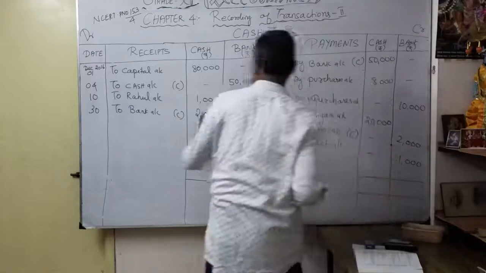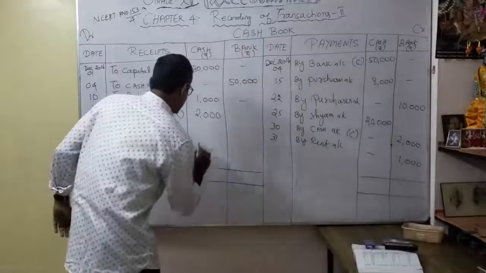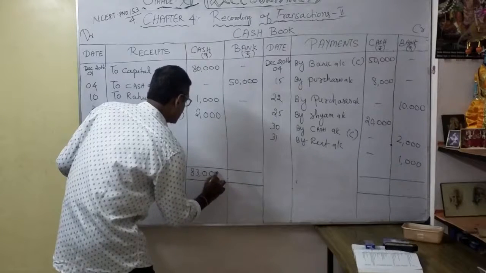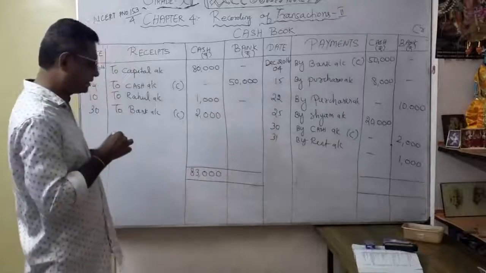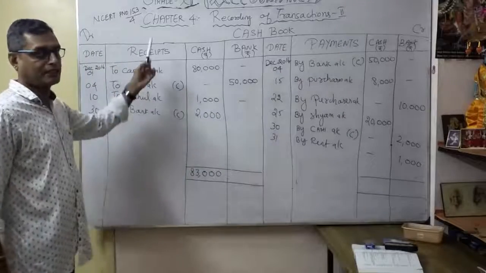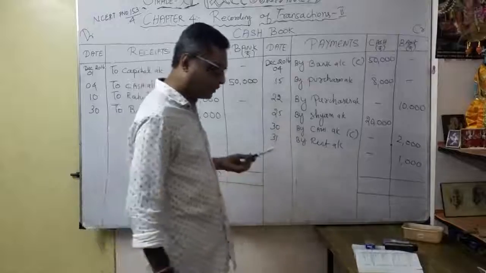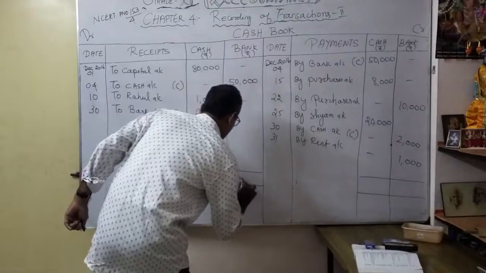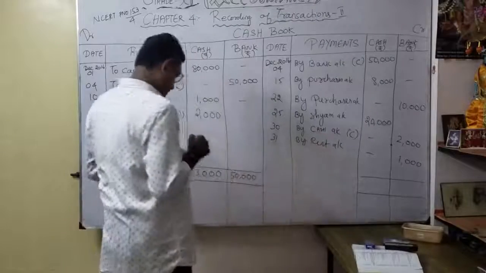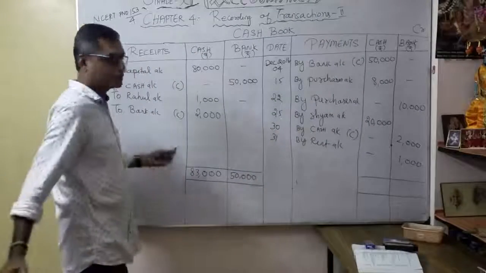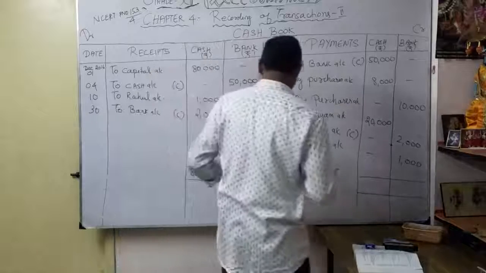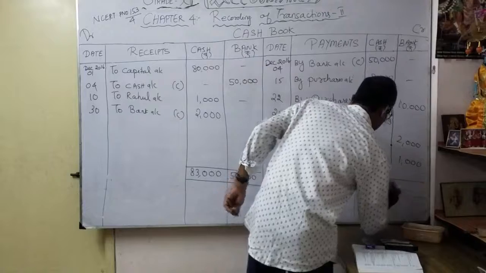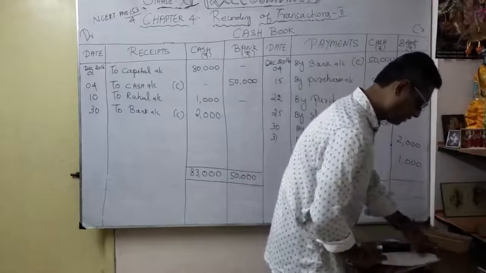First we will verify what the total is. Usually we can do it: 83,000. Our total column of debit side receipts in the cash column is 83,000. In the bank, only one transaction, so 50,000. So our total part is over. We want the same amount here: 83,000.